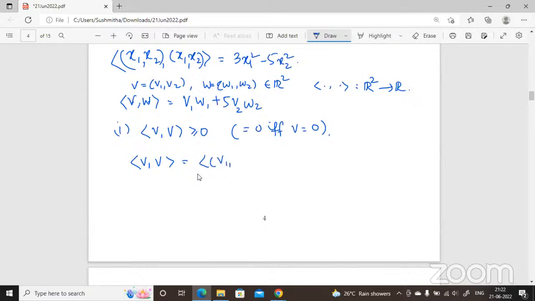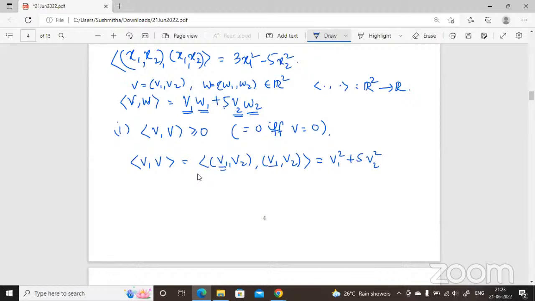It is the inner product of V1 V2 with V1 V2. So what will we get? V1 square plus 5 V2 square.